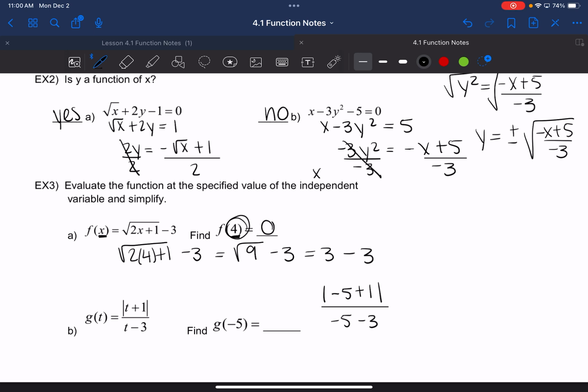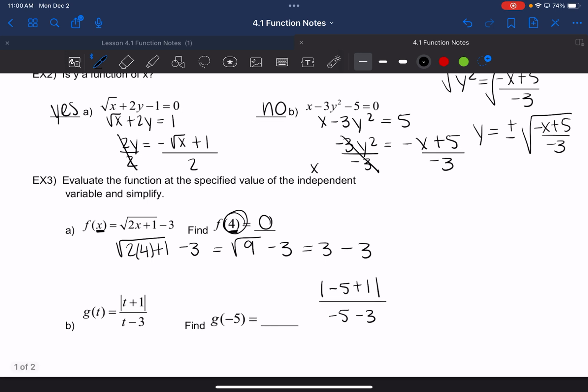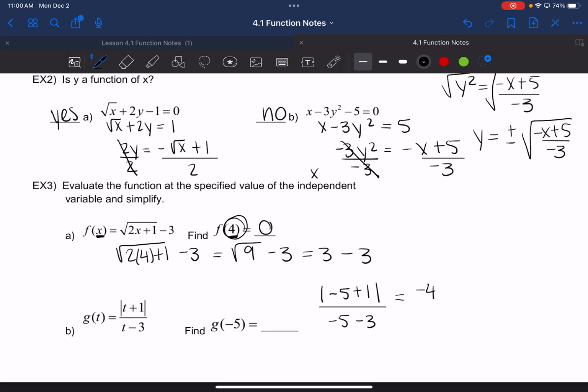All right, so in the numerator, we've got negative 5 plus 1, which is negative 4. But it is inside those absolute value bars. So what is an absolute value going to make that negative 4? Positive 4. Okay? Now let's simplify the denominator.